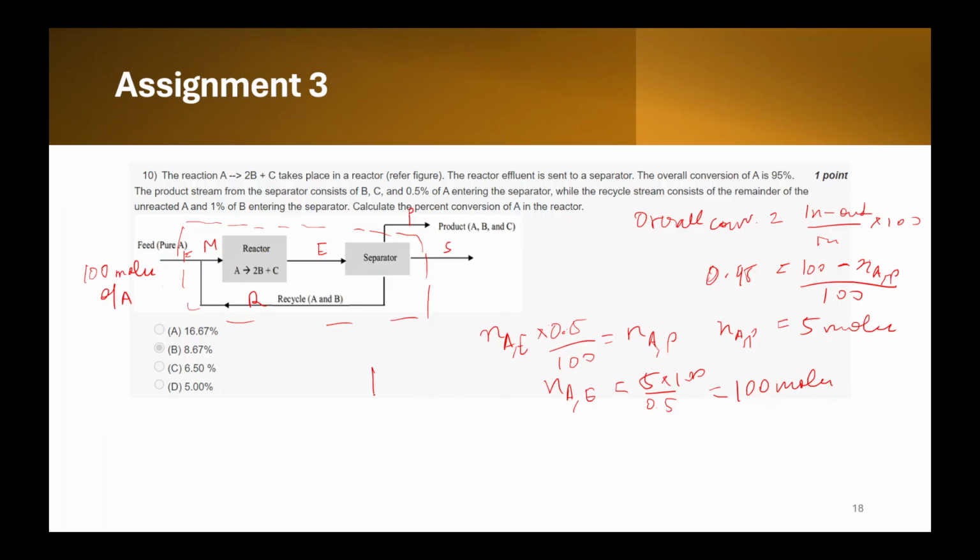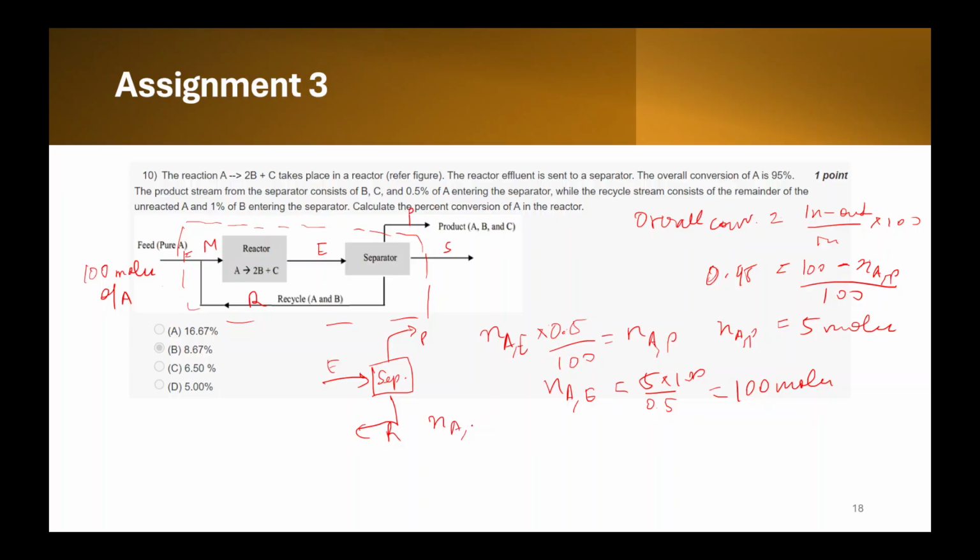So I can make this diagram here. This is your separator. So this is your E stream. This is your P stream. This is your recycle stream. So basically E is equal to P plus R.